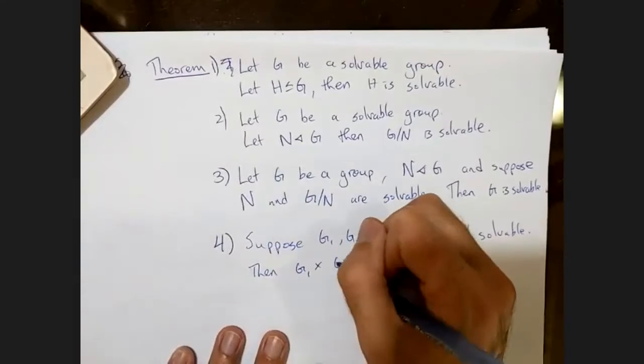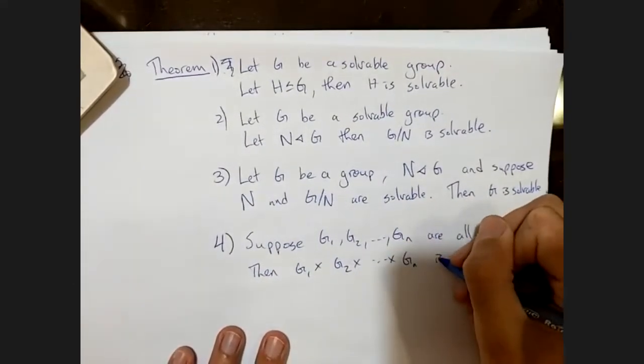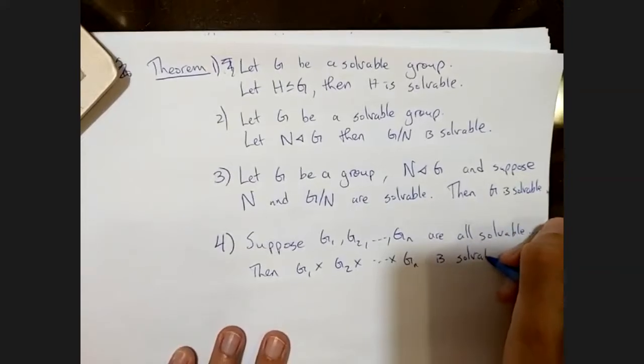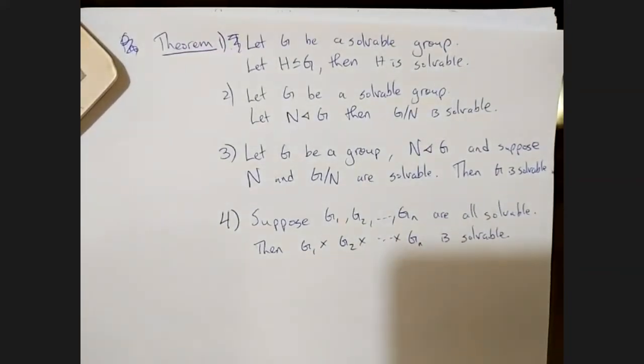Then the direct product G1 times G2 times ... times Gn is also solvable. Good.